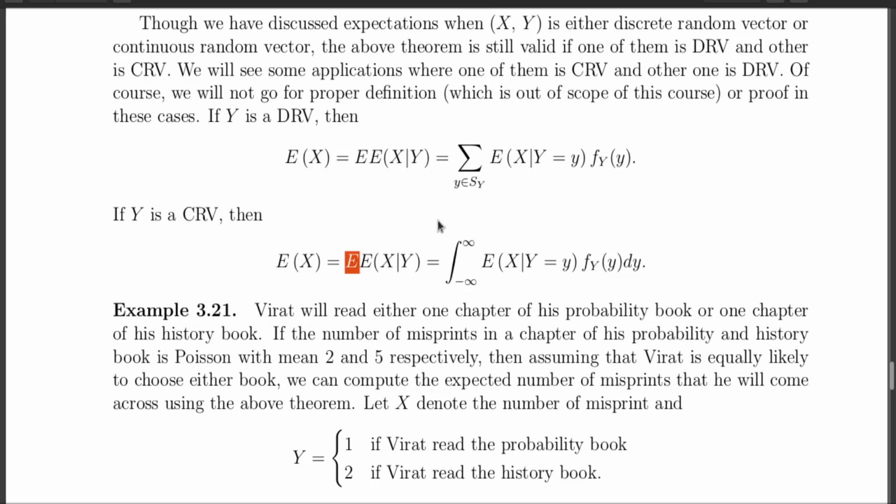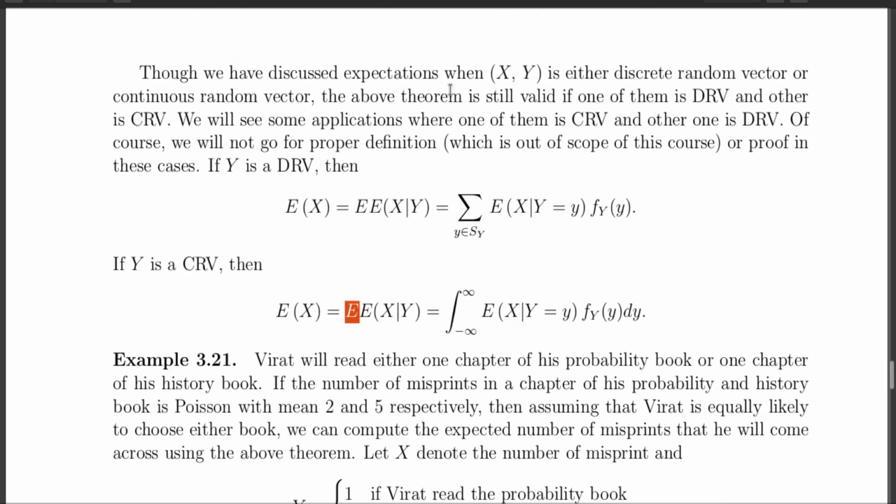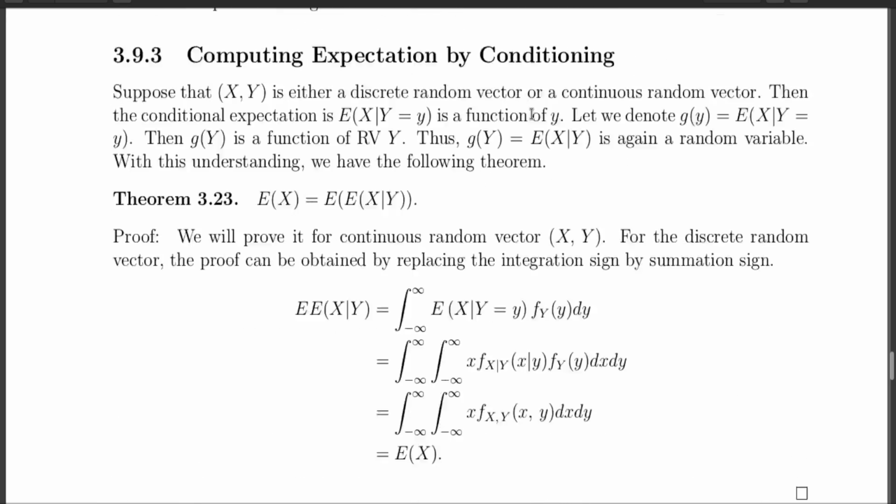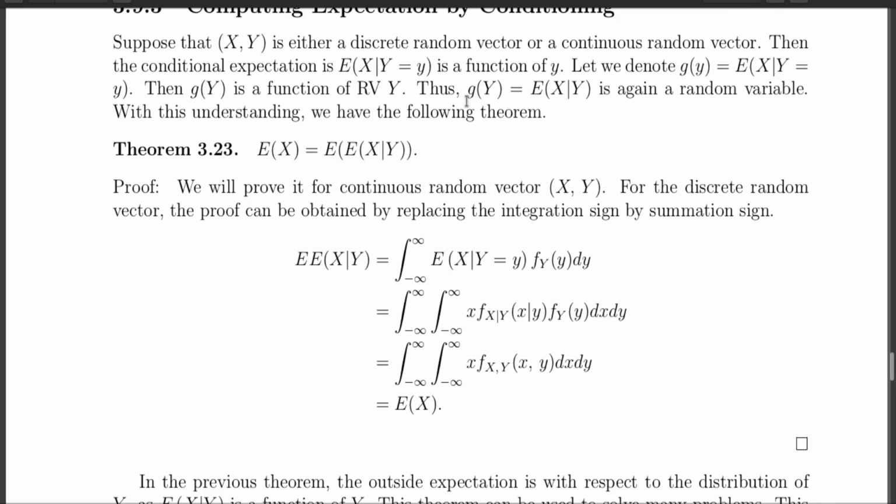Another point I should mention is that when we talk about expectation, we basically assume the random vector is either discrete or continuous. So x and y as a vector is either discrete or continuous.